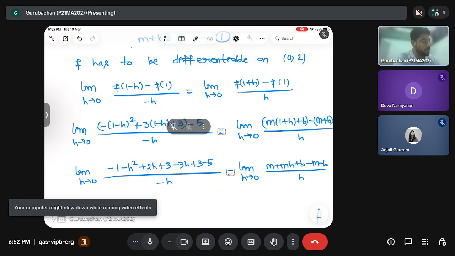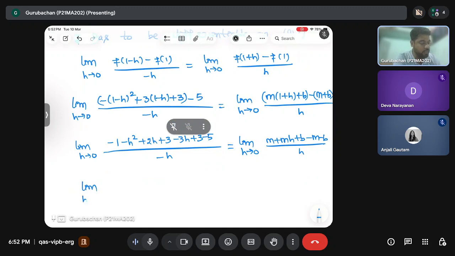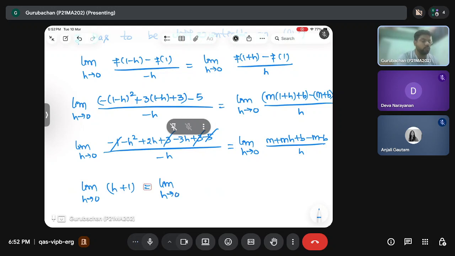So from here, if you will observe that, this 5 will cancel out with this one, and you will be left with minus h square minus h, that will be minus h minus 1, and since the denominator is minus h, so it will be h plus 1, and limit h tends to 0.